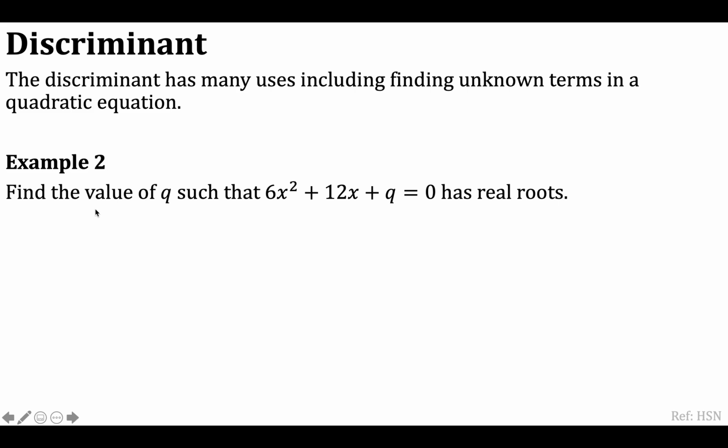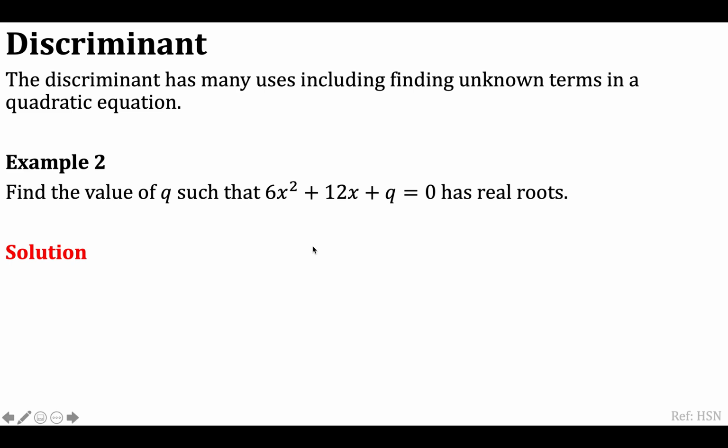So we want to find the value of q such that 6x squared plus 12x plus q equals 0 has real roots. So you can see here the nature of the roots is that they are real, and we need to find the c value, which is currently q.